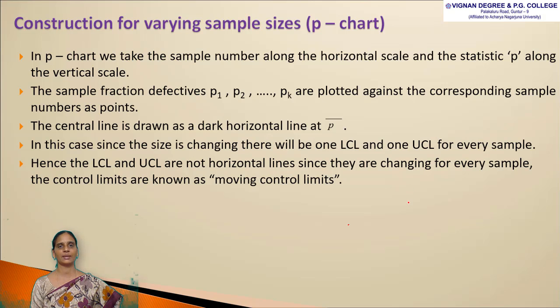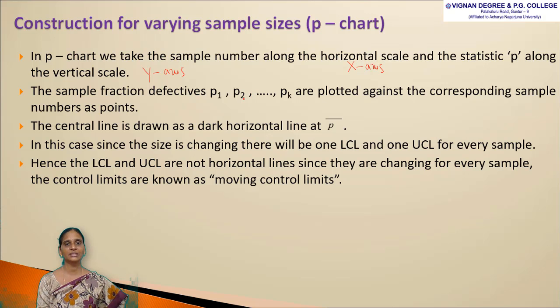Construction for varying sample sizes. In this P chart, we take the sample number along the horizontal scale, that is x-axis, and the statistic P, that means fraction defectives or proportion defectives, along the vertical scale, that is y-axis. The sample fraction defectives, denoted by small p1, small p2 and so on small pk, are plotted against the corresponding sample numbers as points.